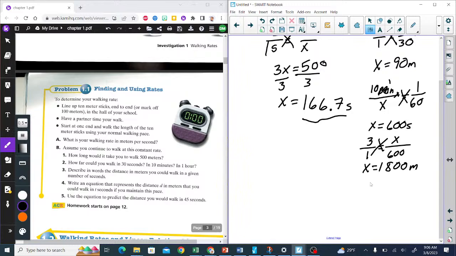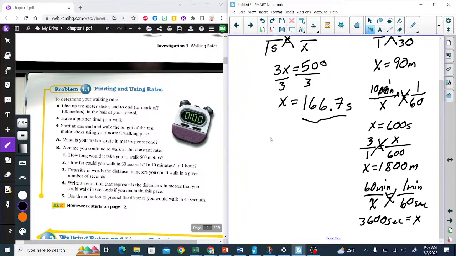And then the last one is 1 hour. Well, 1 hour is 60 minutes, and 1 minute is 60 seconds. So again, we cross multiply: 3,600 seconds in 1 hour.